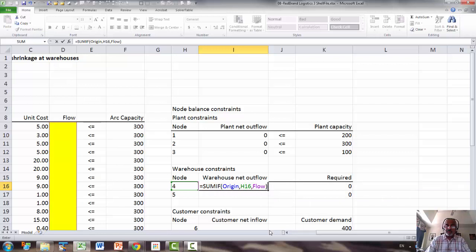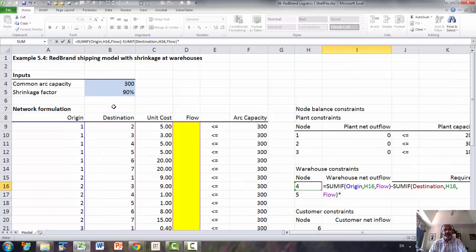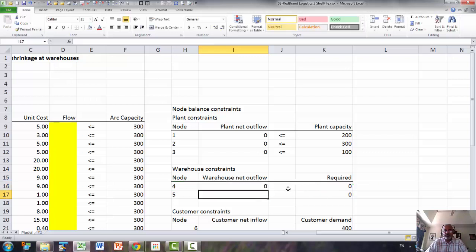Okay, this going out will be only 90%. Okay, let's get what's coming in. Sum if destination, if 4 is the destination, that's the quantity coming in here. And there is a loss, shrinkage loss of 90%. Okay, so which is that? So what is coming in times shrinkage factor, it gives you what actually has to go out, because the rest of it is lost. So that should be equal to 0.